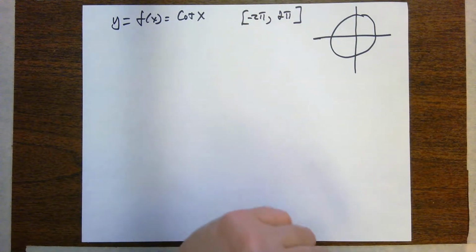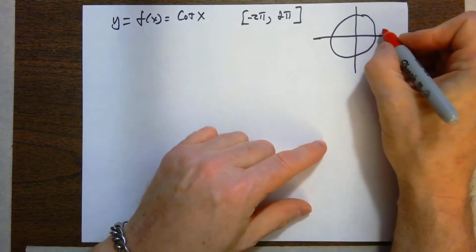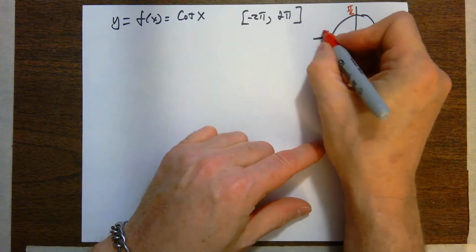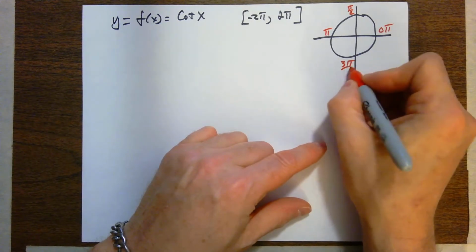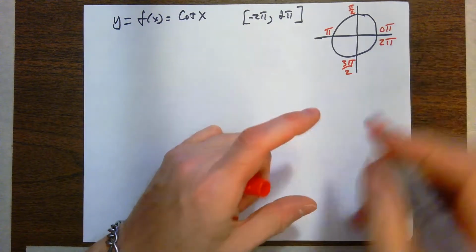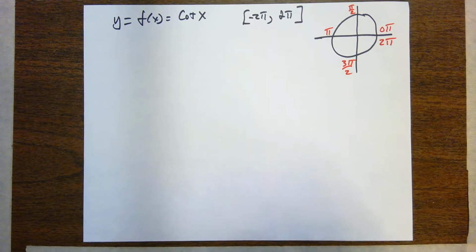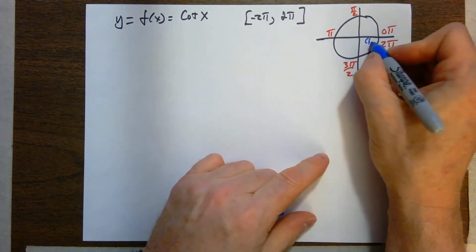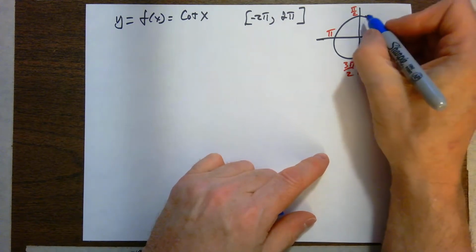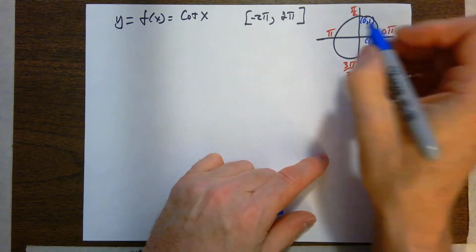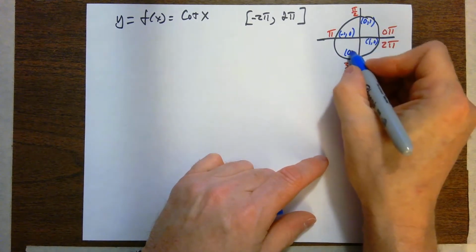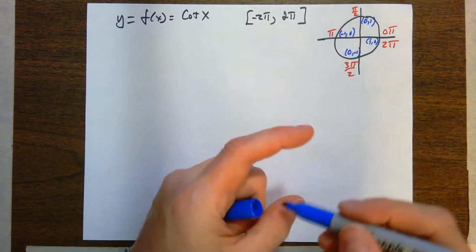It's always a good thing to think about this unit circle. I've got 0, pi over 2, pi, 3 pi over 2, and 2 pi. And I know all the coordinates in here. This is the coordinate 1, 0. This is the coordinate 0, 1, negative 1, 0, and 0, negative 1.